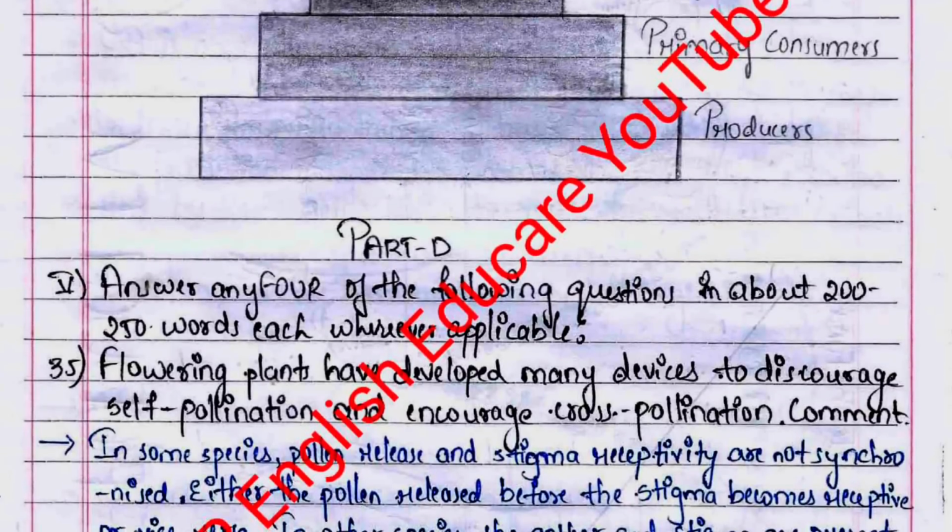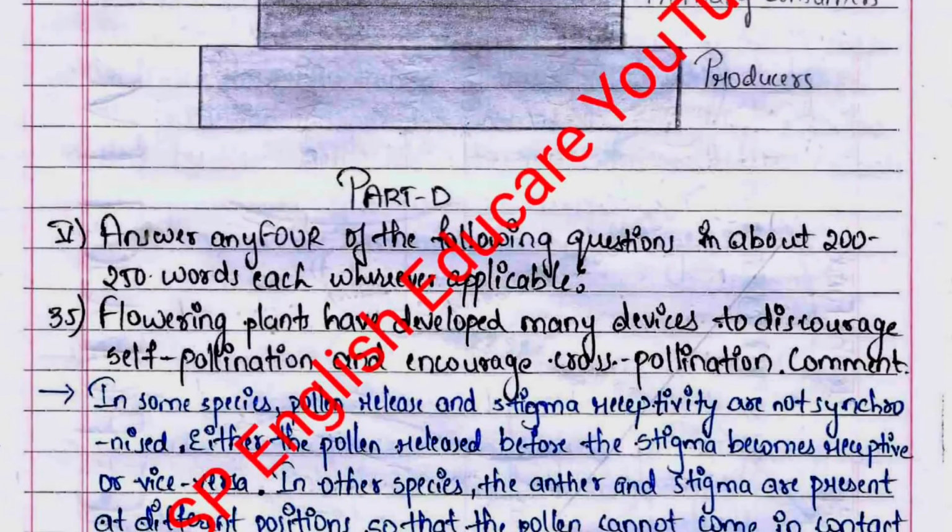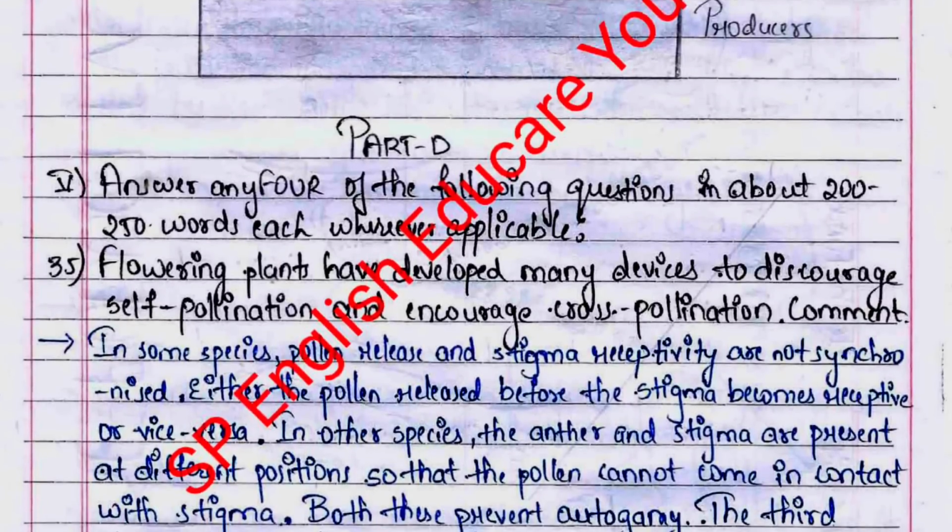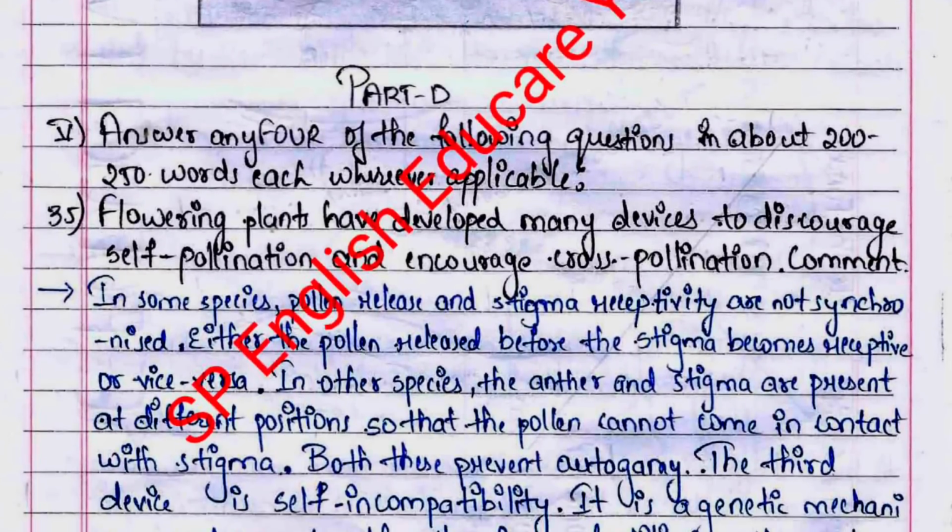35th, flowering plants have developed many devices to discourage self-pollination and encourage cross-pollination.